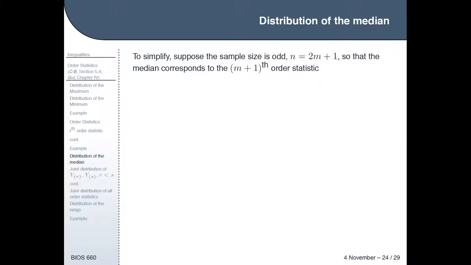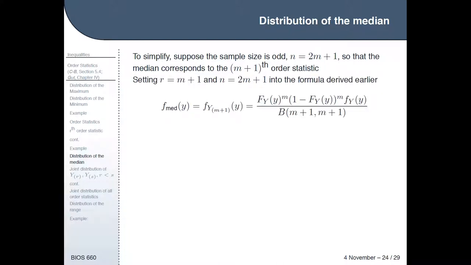You could use the same idea to find the distribution of the median. Say that the sample size is odd, and so we'll say the median is the m plus first order statistic in a sample of size 2m plus 1. So using the formula for the rth order statistic, we get that the median looks like that.